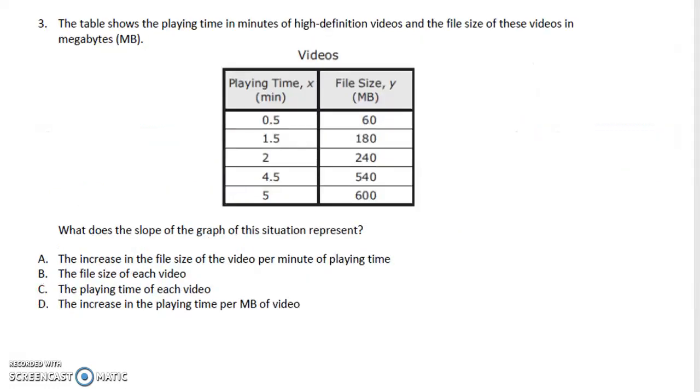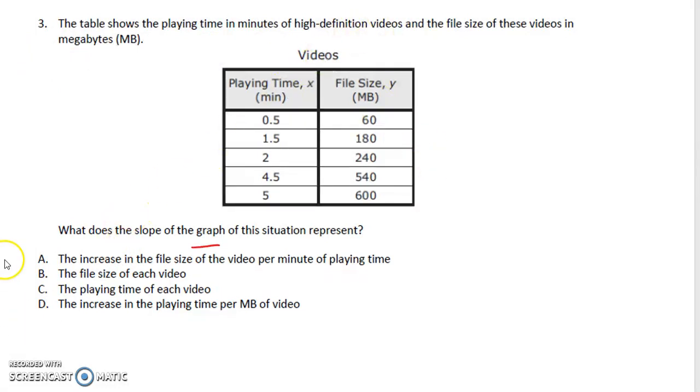Very nice job. All right, let's go ahead and look at a table of information here. We've got this table and it shows the playing times in minutes of high definition videos and the file sizes of these videos in megabytes. What does the slope of this graph represent?